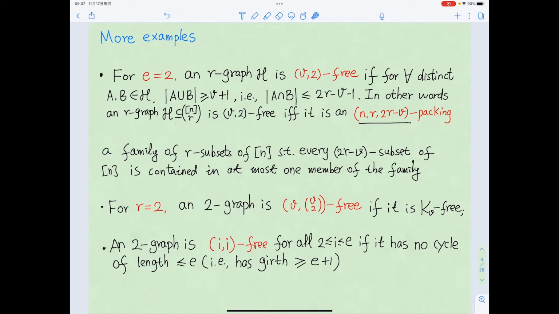Moreover, an r-graph is (i)-free for all i ranging from 2 to e if and only if it has no cycle of length at most e, in other words, it has girth at least e plus 1. From these examples, you can see that the notion of (v,e)-free graphs is a generalization of many well-studied extremal problems, Turán-type problems.